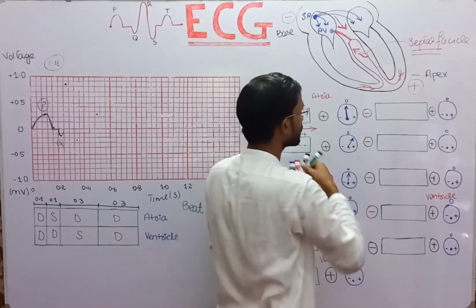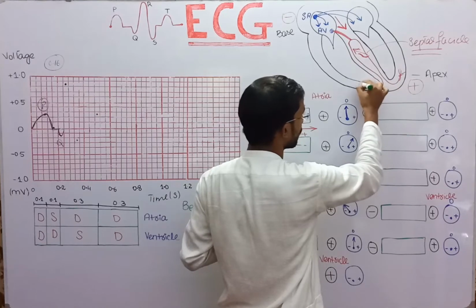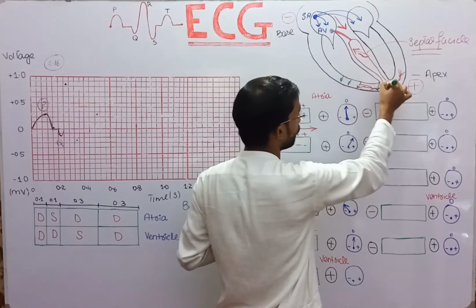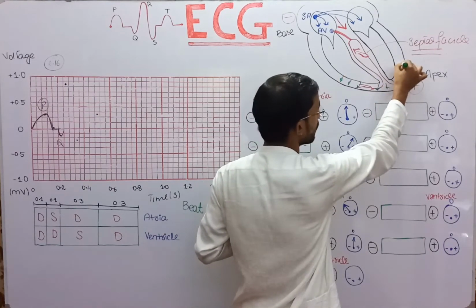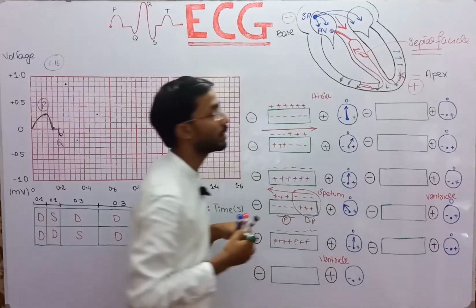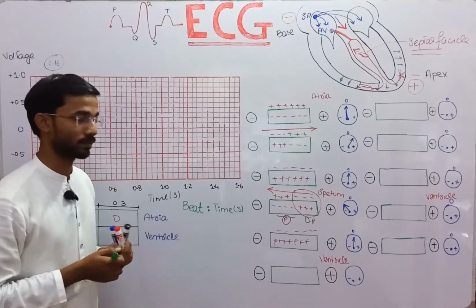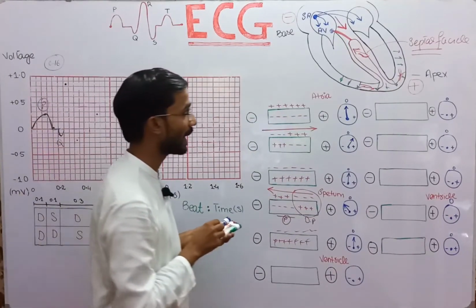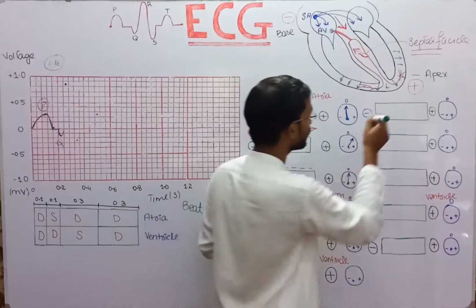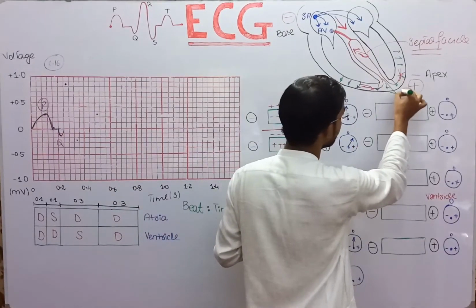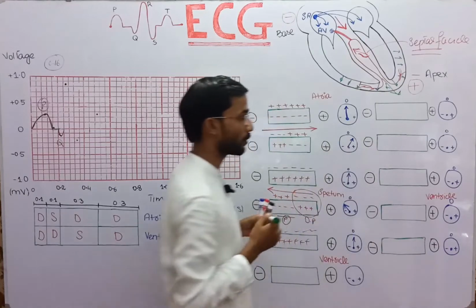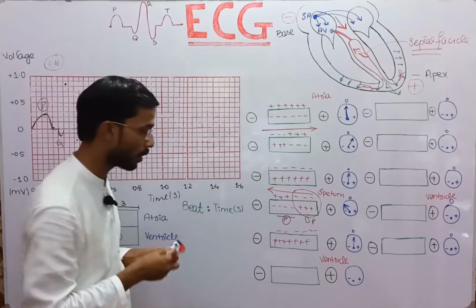Next, here you can see the ventricle cells become depolarized. How? If we draw a vector, the direction will be from negative to positive.